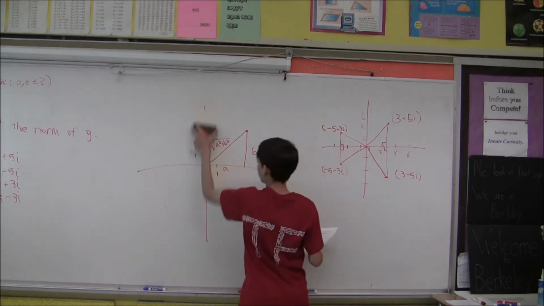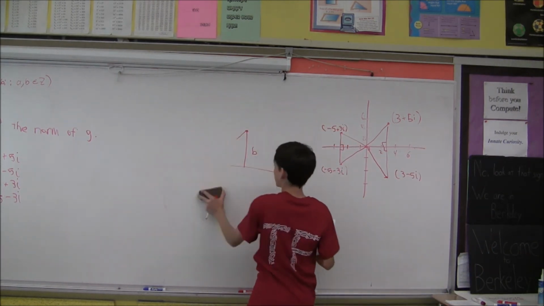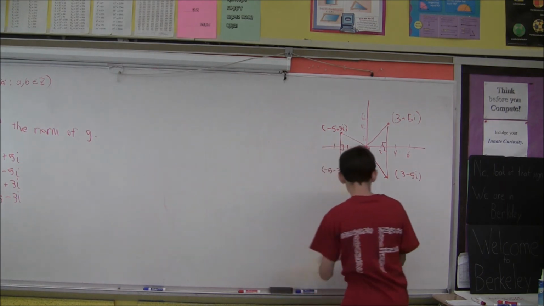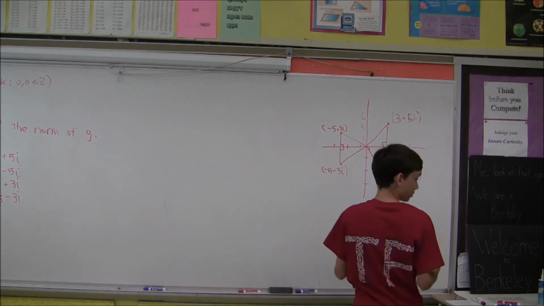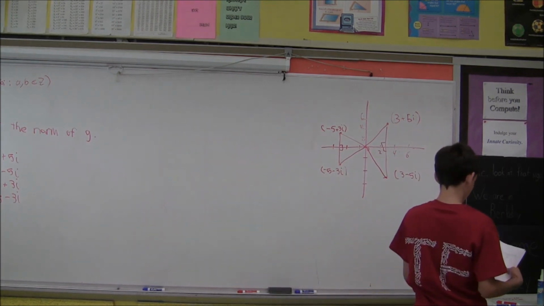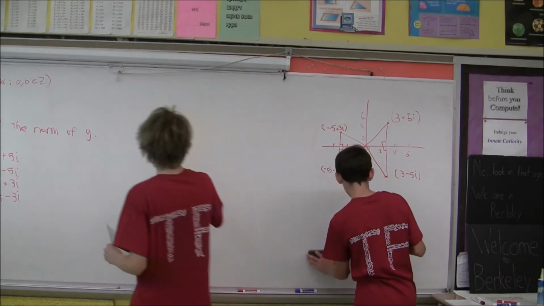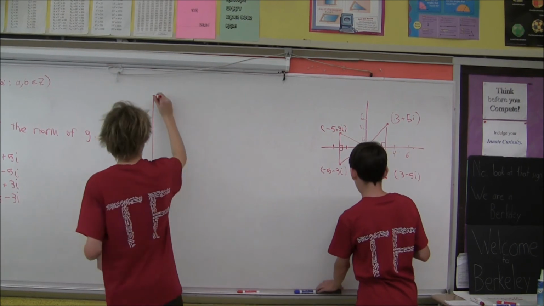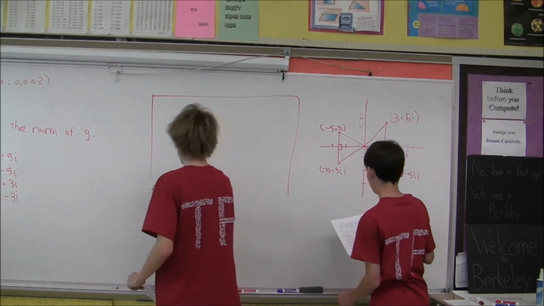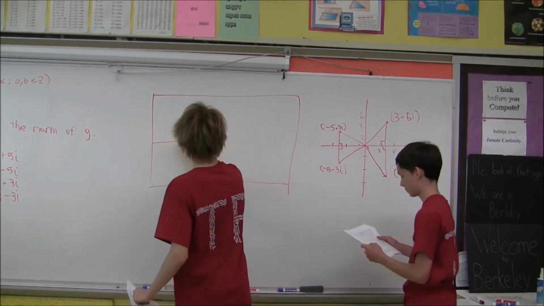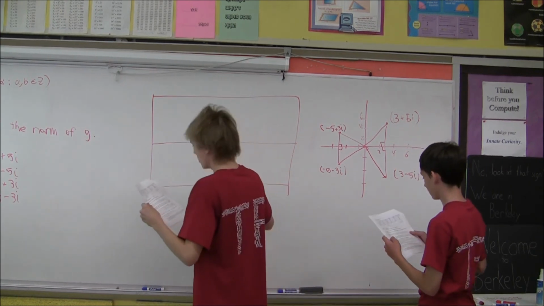Alright, so the next thing was to get started. We filled out this chart for a bunch of different Gaussian integers. Could you write that down? There were a bunch, but you can just have two of them here.